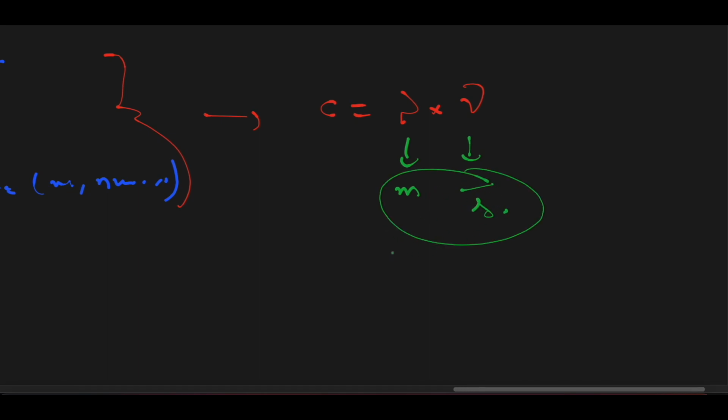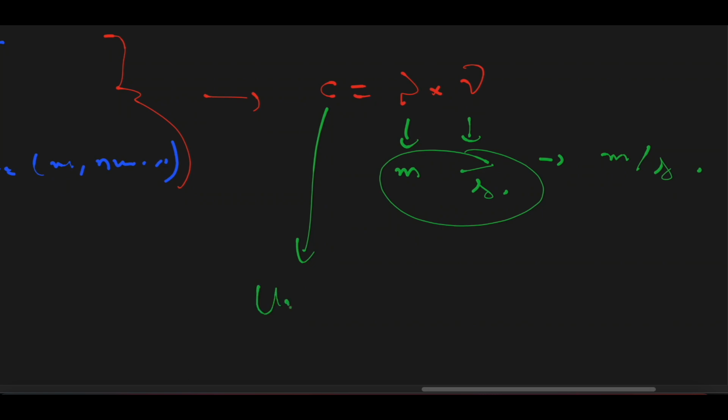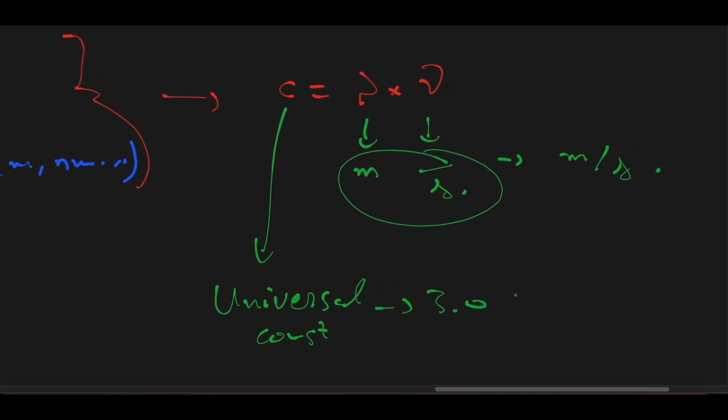And here we get the unit of the speed of light, which is meters per second. The speed of electromagnetic radiation is a universal constant, with a value of about 3.0 times 10 to the 8 meters per second.